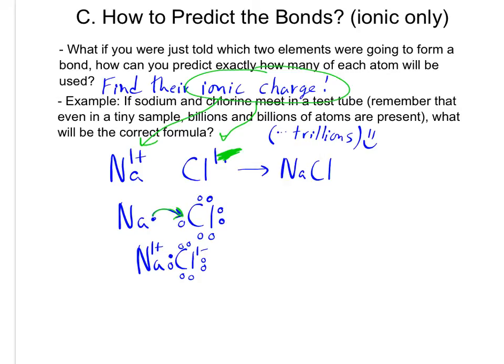It's going to gain a 1, and then it will have a complete shell, and you're going to get NaCl. So in that case, 1 Na and 1 Cl works fine, because 1 sodium has 1 electron to give, and 1 chlorine has 1 spot for a new electron. So 1 of each works just fine in that case.